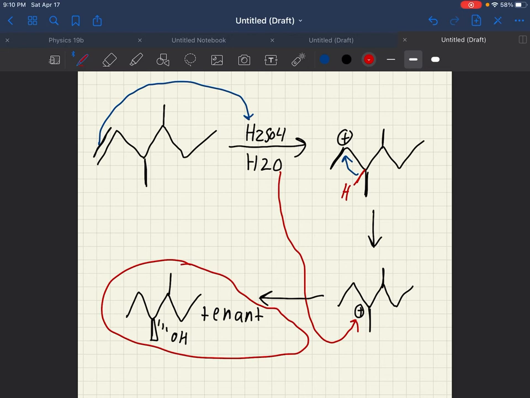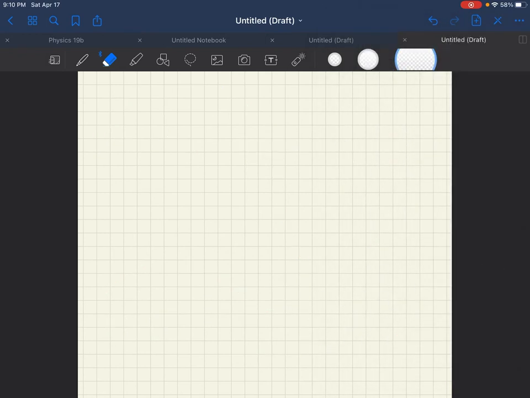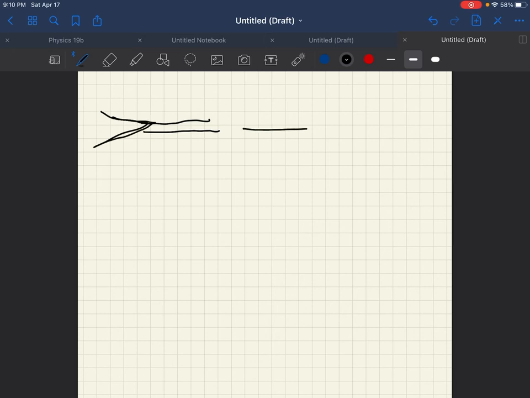So, when dealing with dilute acid catalyzed reactions, it's going to prefer OH over the actual Br minus, Cl minus, whatever you're dealing with. So let's look at a few of those. If we have something that looks like this, and then it's dilute, what's going to happen here is, of course, once again, Markovnikov, you're going to have this.